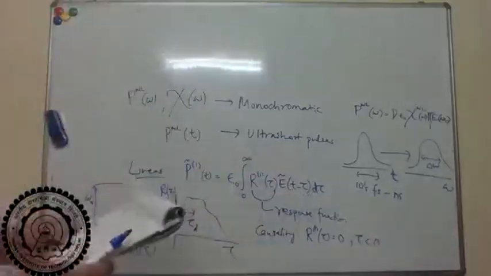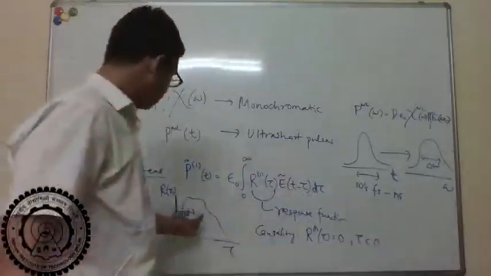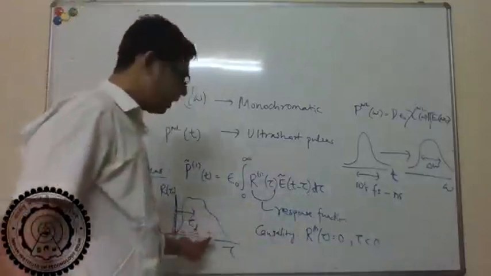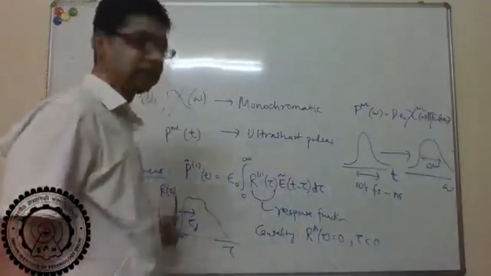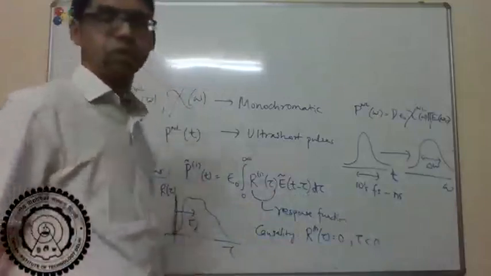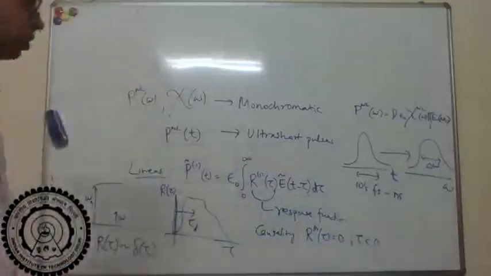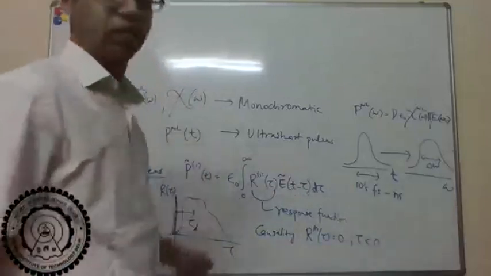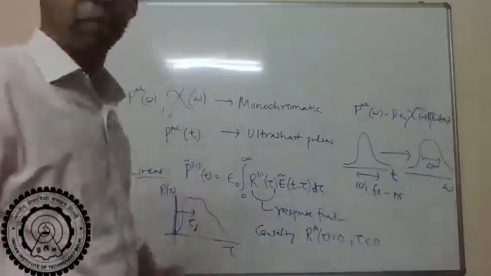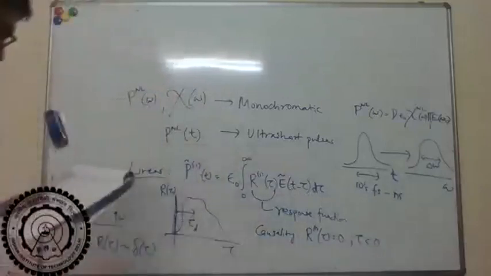Okay, but if you zoom in really finely into the time scale, of course, no material is instantaneous, right? There's always some finite time delay involved in inducing the polarization response, right?